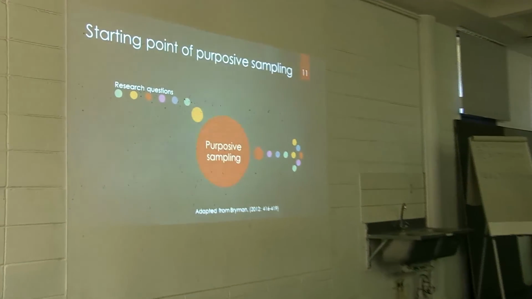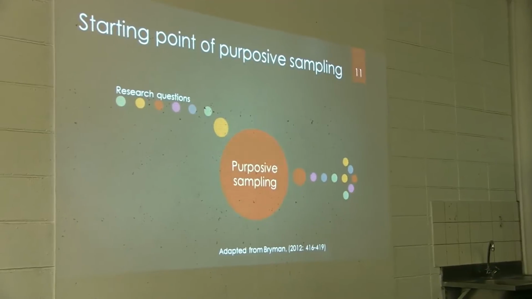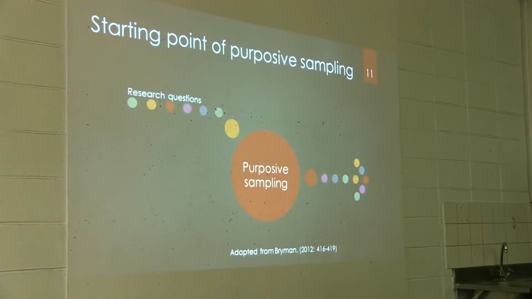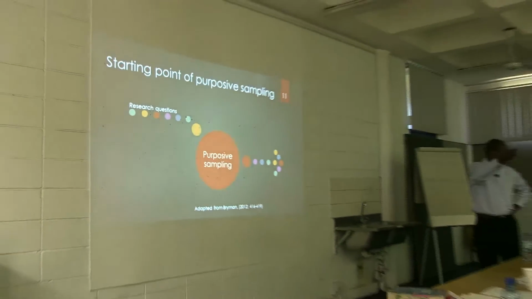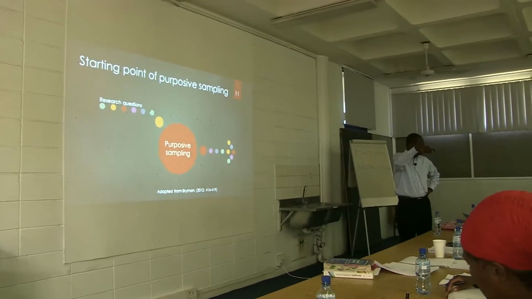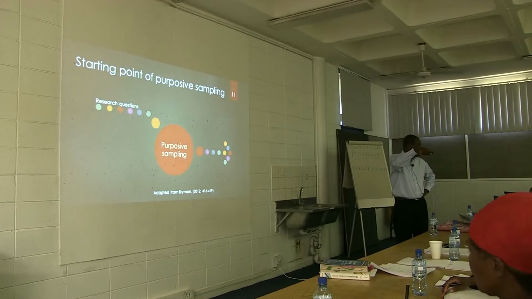So the starting point for purposive sampling is obviously your research questions. The way you structure your research questions. And remember, there's a science to structuring a research question. You don't just ask a research question. Hence the debate we had, what comes first, your aim or your research question? Okay?